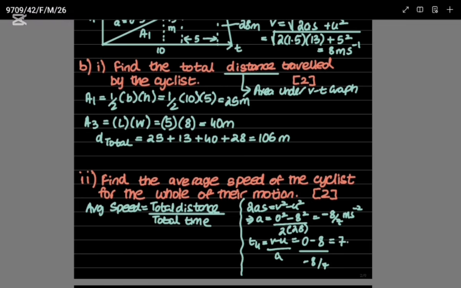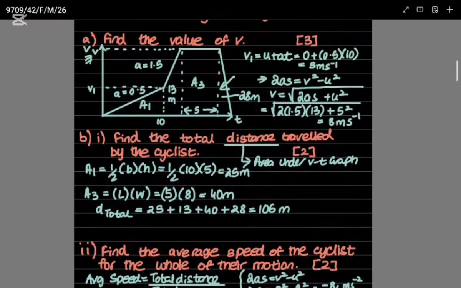This gives you 7.0 seconds. We found this to be 7 seconds, but let me not write that over there, because in case you guys are viewing it later in the document, you might get confused, so let's leave it like that.